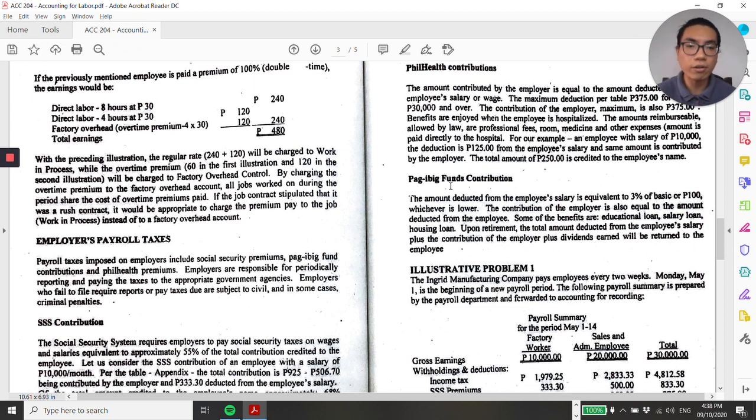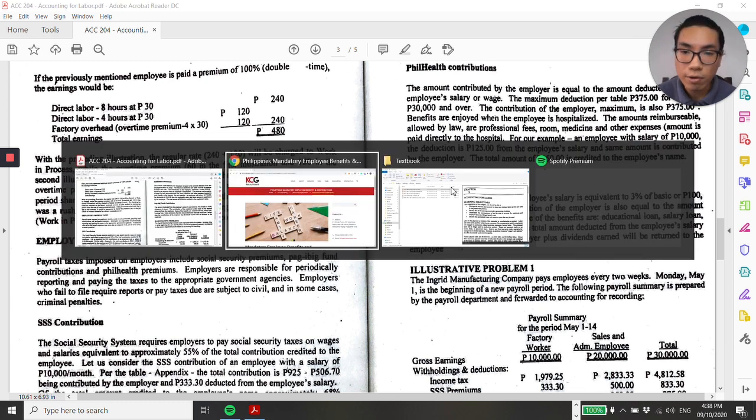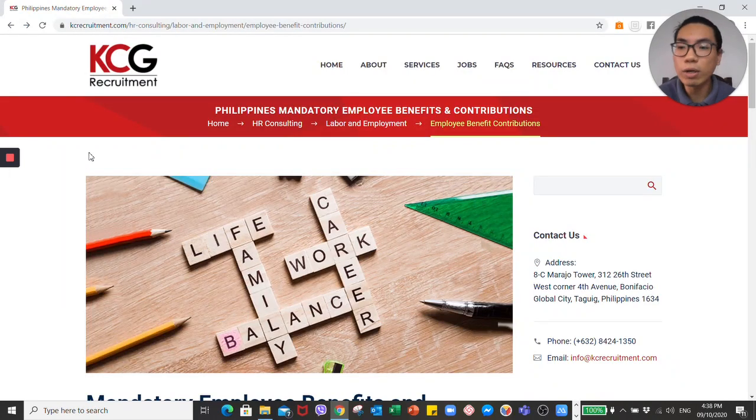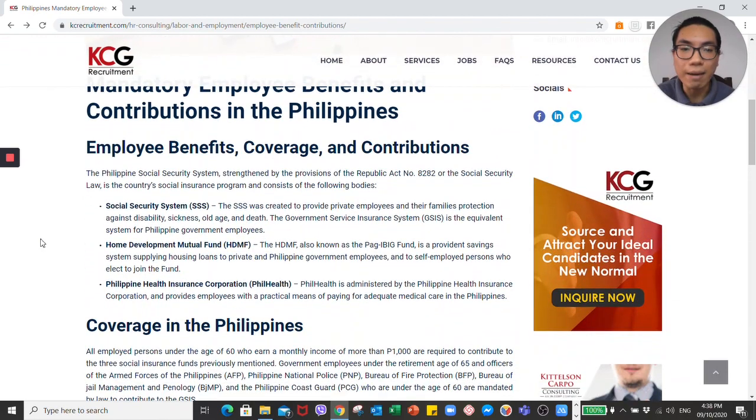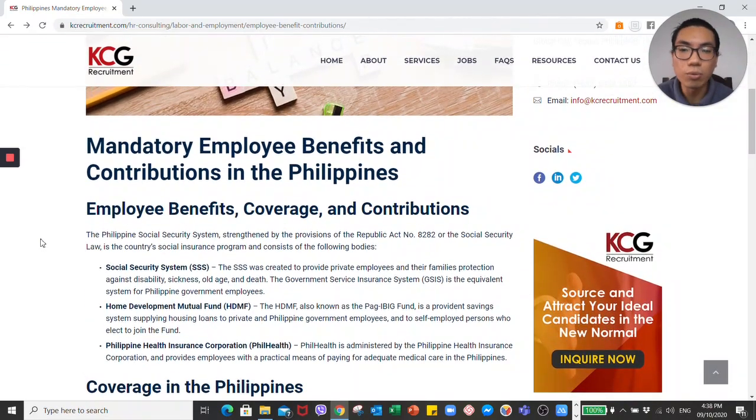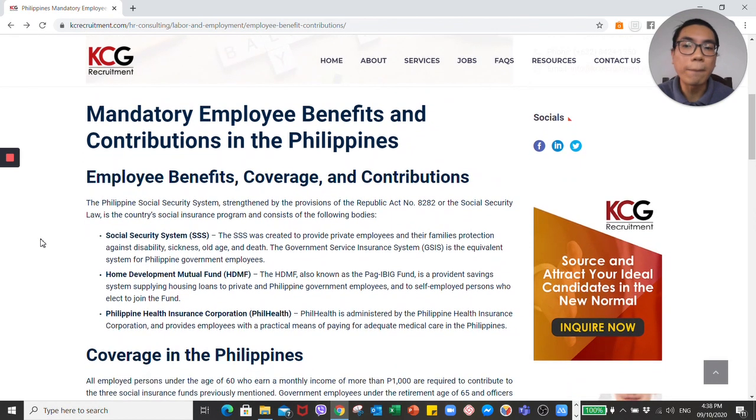Allow me to shift my window to my browser. I want to share this particular website, where I find more updated content regarding the accuracy of the computation of the minimum requirement for the following contributions.